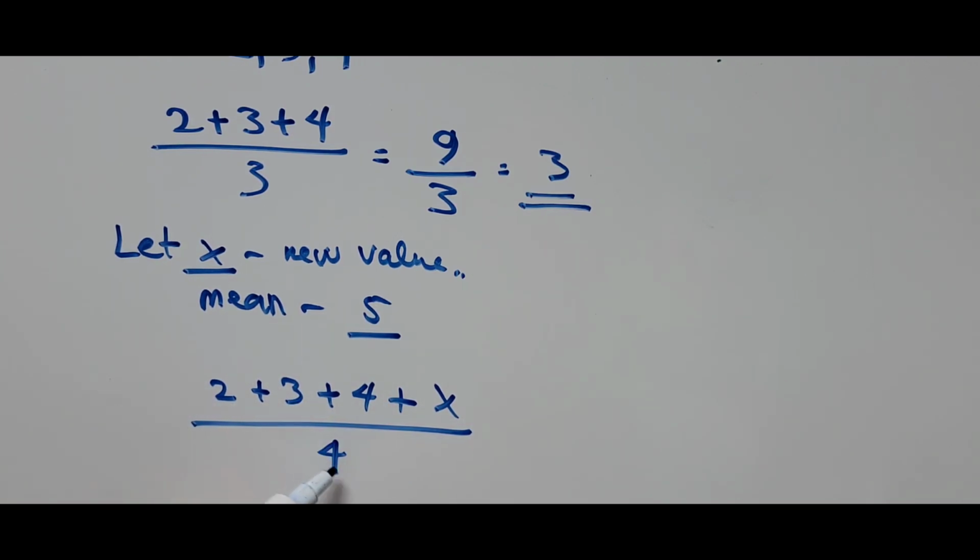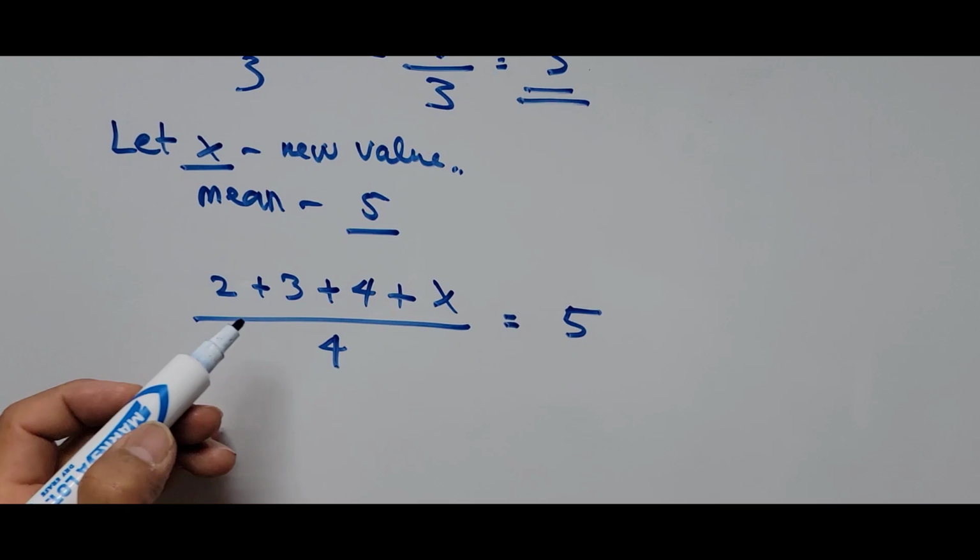So divide by 4. That will be equal to the mean. What is the mean? 5. From here, we're using the principles of algebra, expressed in an algebraic expression, since we have the variable x. All we have to do to find x is simplify the equation.